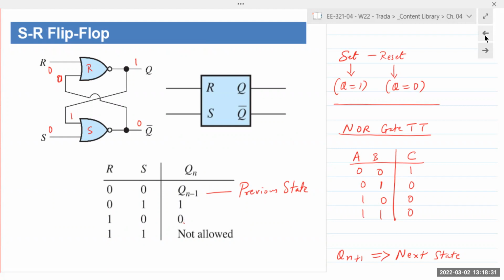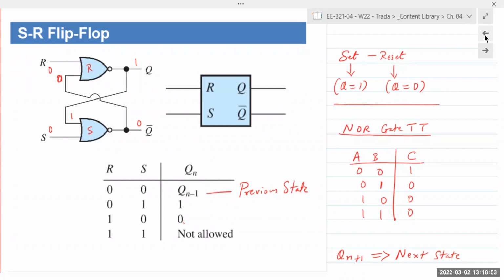So Qn is basically the current state. Qn minus 1 is the previous state. Qn plus 1 means the next state. If my current value of the bit is 0, then Qn is 0. Previously, it may have been 1 or it may have been 0.